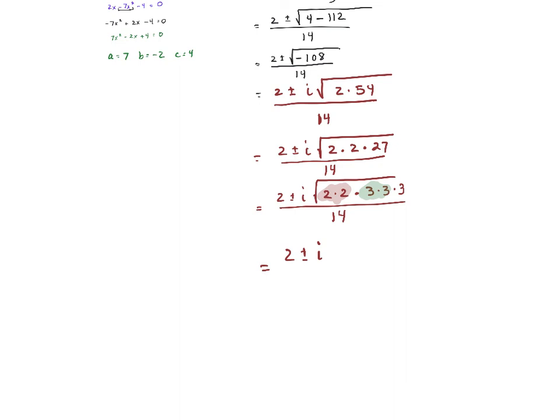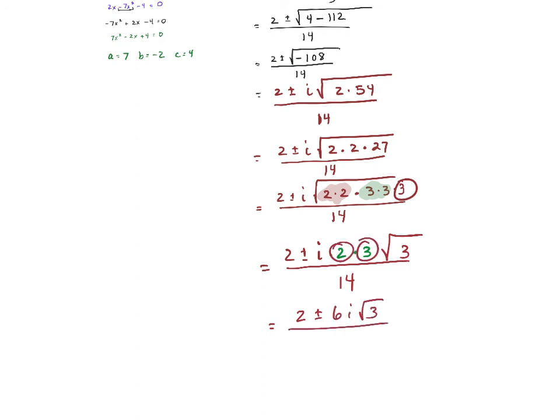So on the outside, I'm going to have the 2 that gets to come out. I'm going to have the 3 that gets to come out. There's going to be this one 3 that has to stay in, all over 14. And so we've got 2 plus or minus, well, 2 times 3, that's 6 times i on the outside over 3, all divided by 14.